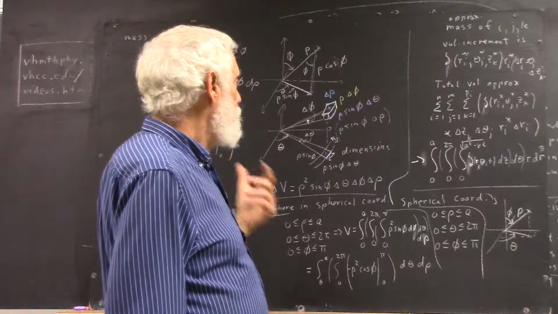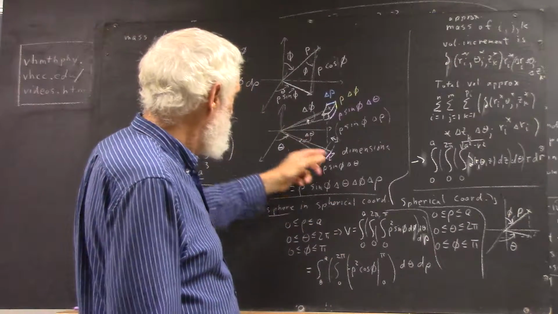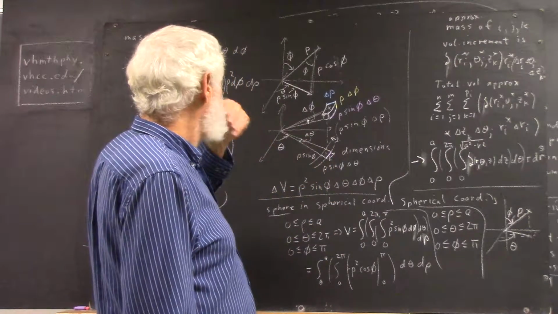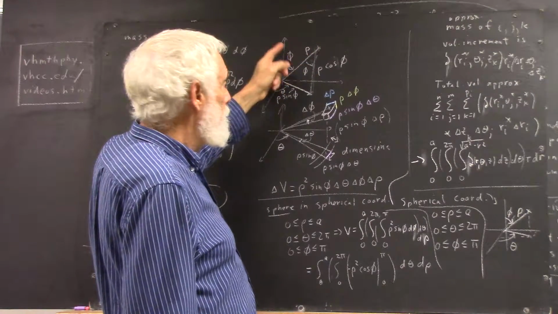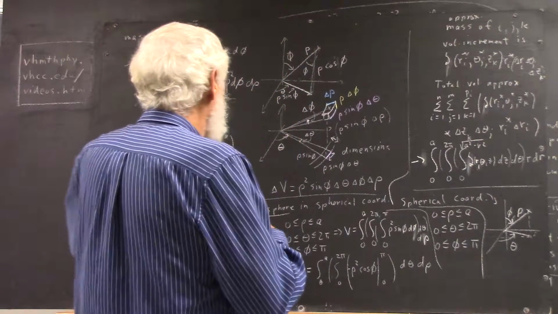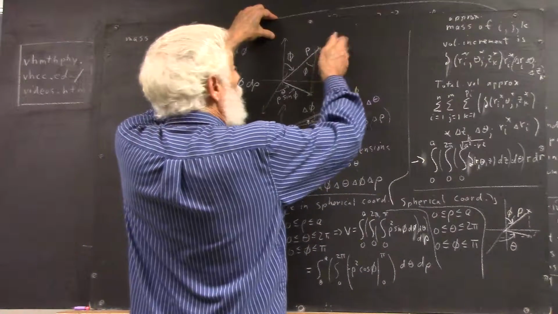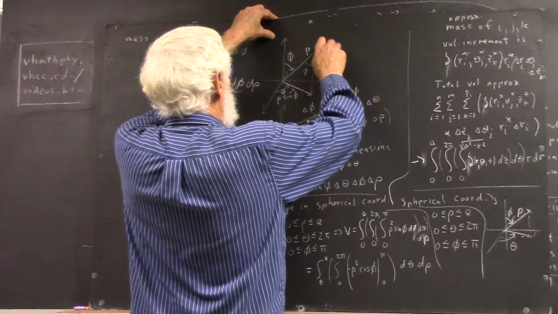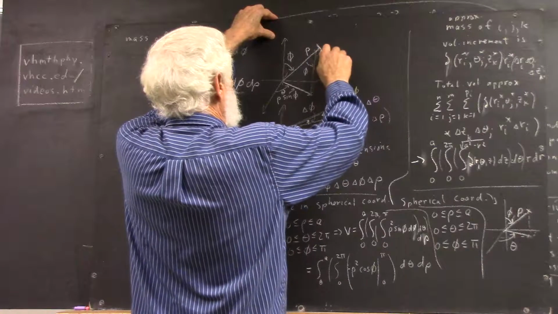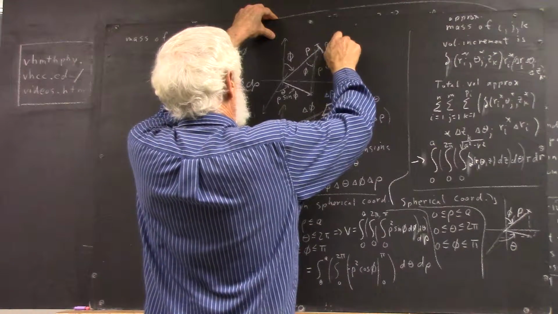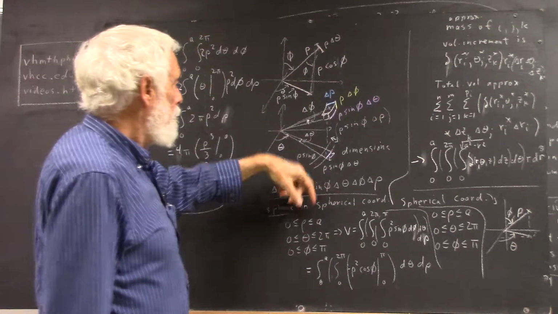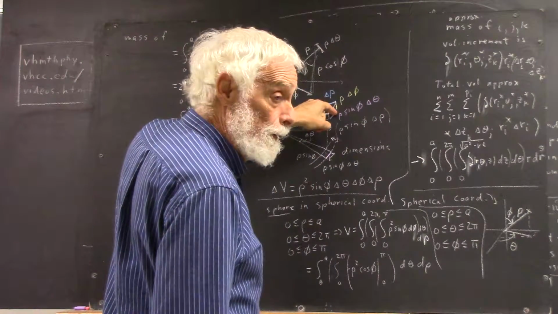And then, making an argument similar to the one we did here, we have our line segment here. If phi changes by delta phi, then the point is going to move, and everything else stays the same. The point is going to move along an arc of a circle here. Okay? And that's going to have distance rho delta phi. And that's this distance here.